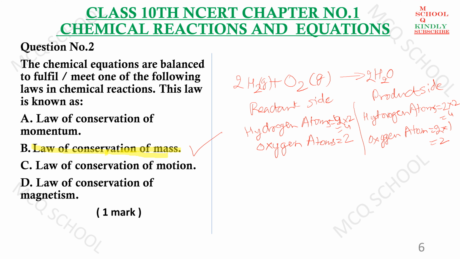Hydrogen gas and oxygen gas convert into water, which is a liquid. If we balance the reaction, we can see hydrogen atoms on the left hand side are 4, oxygen atoms on the left hand side are 2, and on the right hand side also 2 into 2, 4 hydrogen atoms and oxygen 2. So we have to balance a chemical reaction to satisfy the law of conservation of mass.